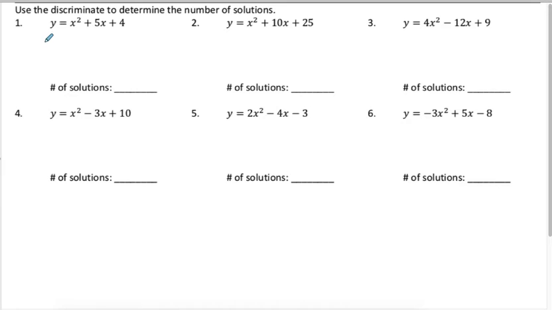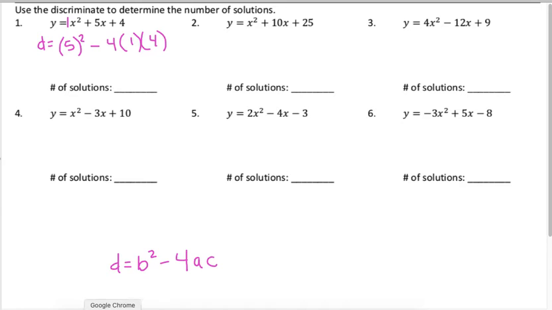All right, so can we find our discriminant? I'm just going to write our formula down here so we have it: b squared minus 4ac. So b squared, I'm going to put that in parentheses, 5 squared minus 4ac. And that's where I pulled the 1 here for a, 4 is the c here.